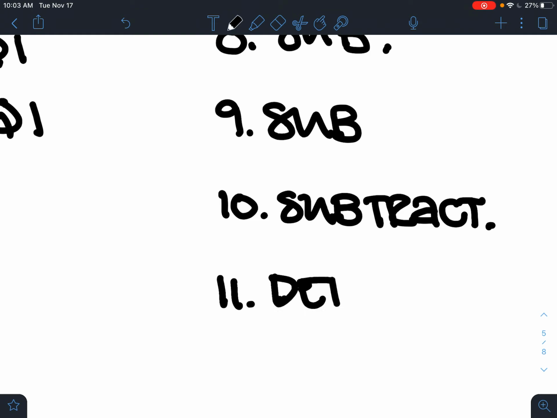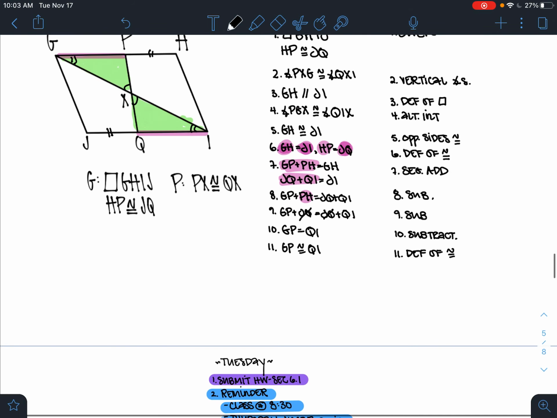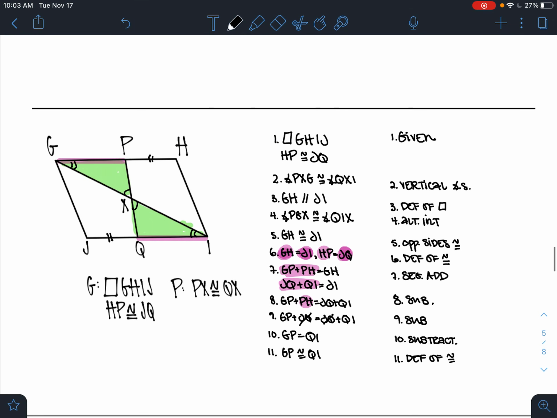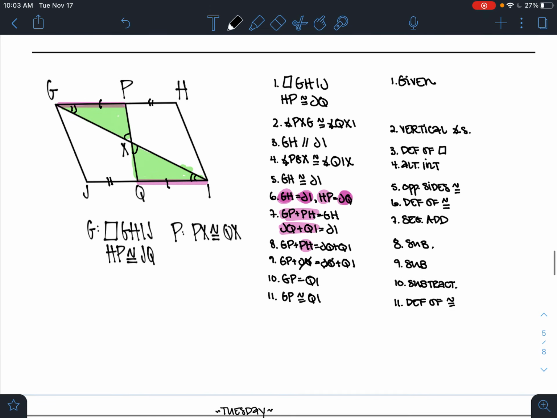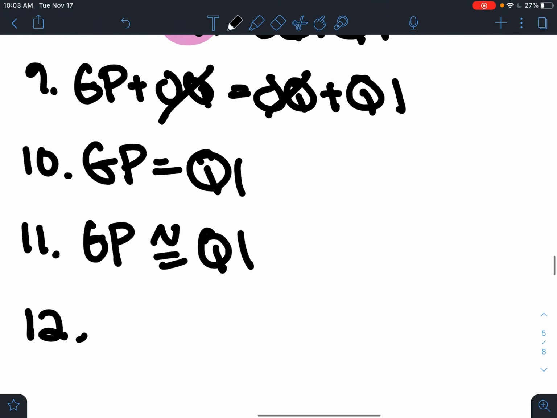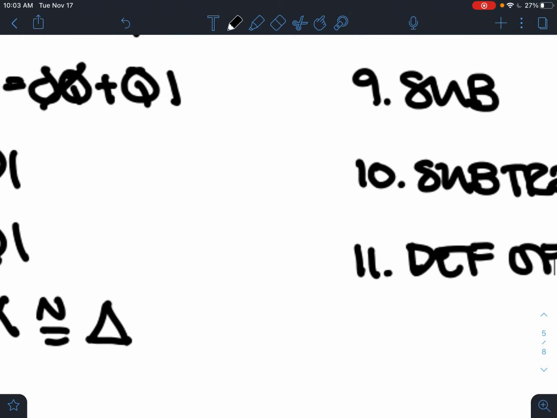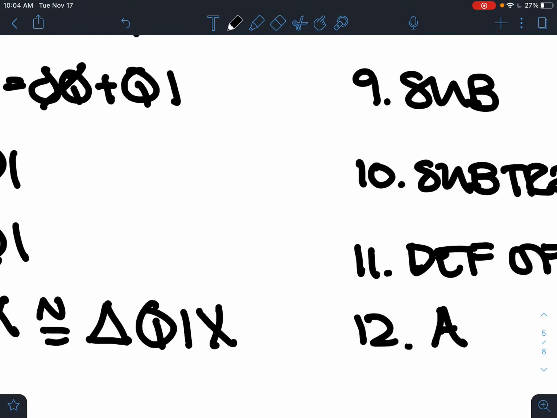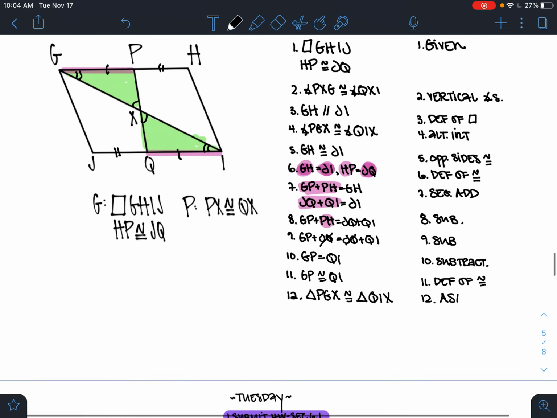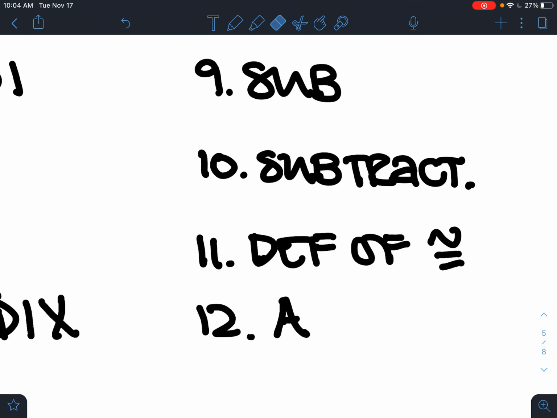And that's really good because we are now ready, once I write that down and once I mark it on my picture, to state that those two green triangles are congruent. So I can now state that triangle PGX is congruent to triangle QIX because of angle side angle.